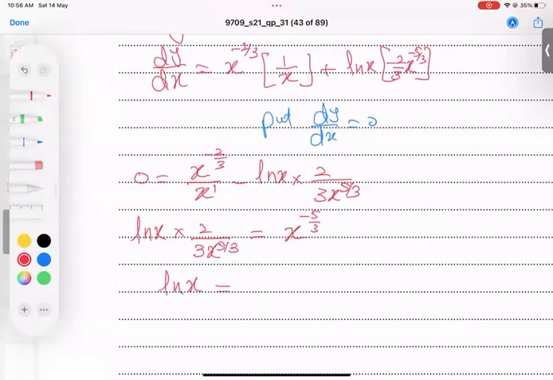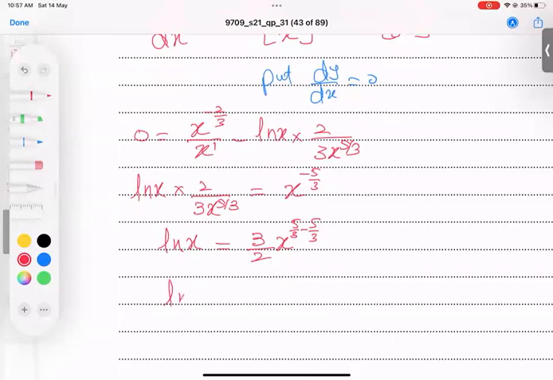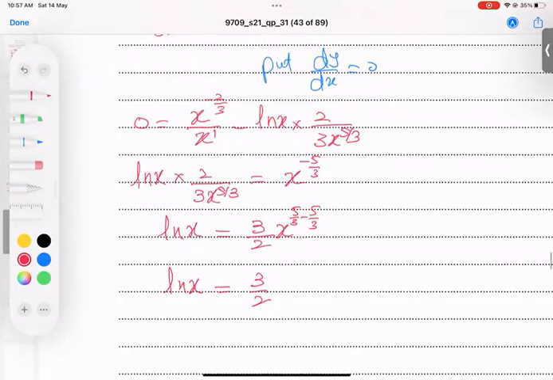So this whole thing multiplied there, and this 2 divides under it. So short story, I'm getting here 3 by 2 x to power, because this power and that power will add, because when same bases multiply, power adds. So 5 by 3, negative 5 by 3 become 1. In short, logarithm of x equals 3 by 2.